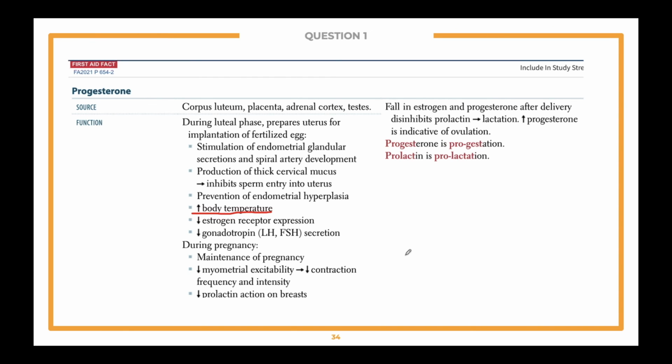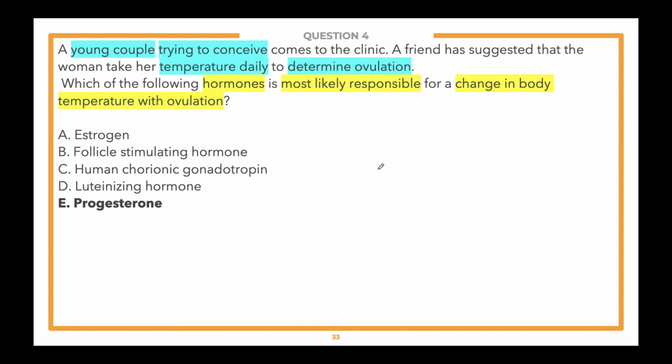Okay, so let's go back. Let's take a look at the other answer choices in case you selected that. So luteinizing hormone, the surge of this hormone causes ovulation to occur, but actually doesn't have effect on body temperature. HCG doesn't have an effect on body temperature as well. FSH as well does not affect body temperature.